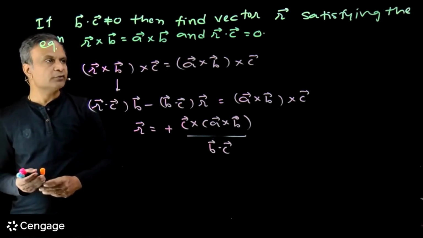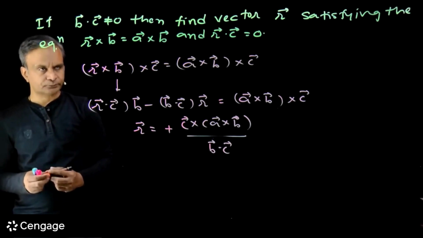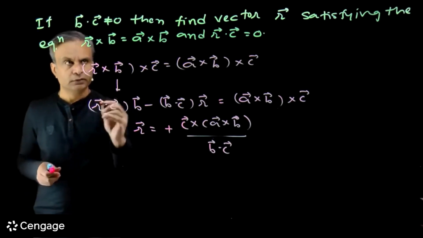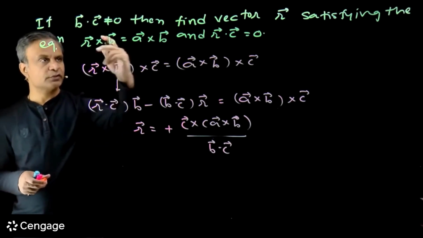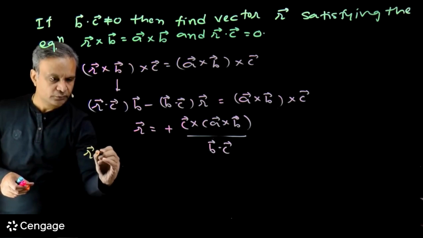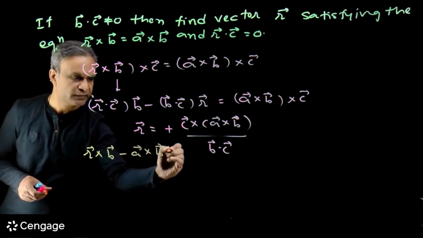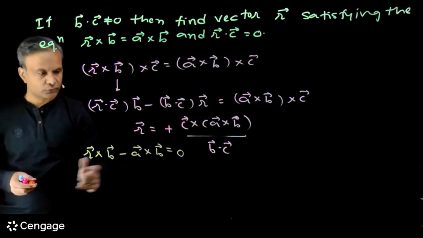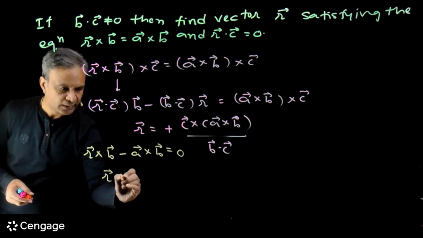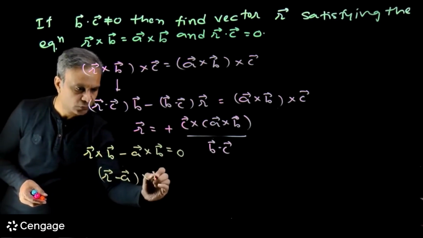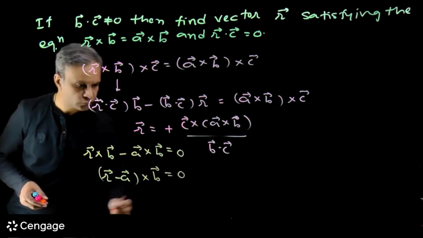Okay, we can do this way also. We transfer this term on LHS. We have then r cross b minus a cross b is equal to 0. So this will be (r minus a) cross b is equal to 0.